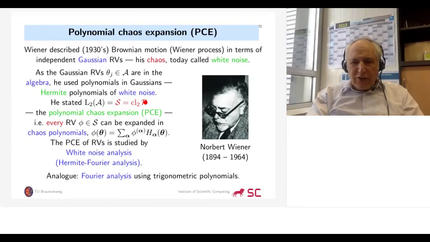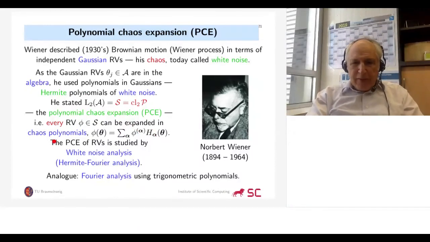So the closure, again, is like the polynomials being the rational numbers; now we want to fill in the real numbers. We take the completion, and then we get what's called L2 of A. These are all random variables with finite variance. They can all be approximated by an infinite series of polynomials, the Hermite polynomials. It was proved later; this is the Cameron-Martin theorem.